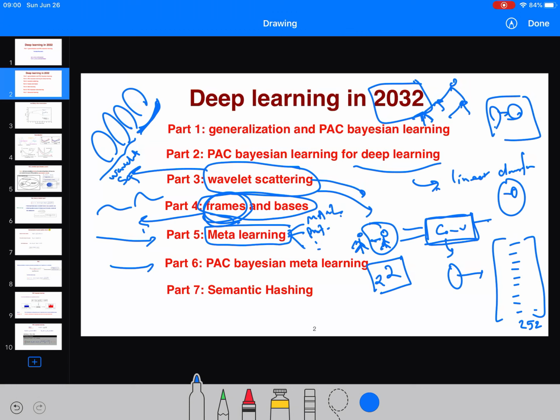And finally, in part 6, I want to generalize PAC-Bayesian for meta-learning. Although this is poorly understood, because even PAC-Bayesian in simple traditional machine learning is really hard, it is still in its infancy for meta-learning, because you're producing tasks.